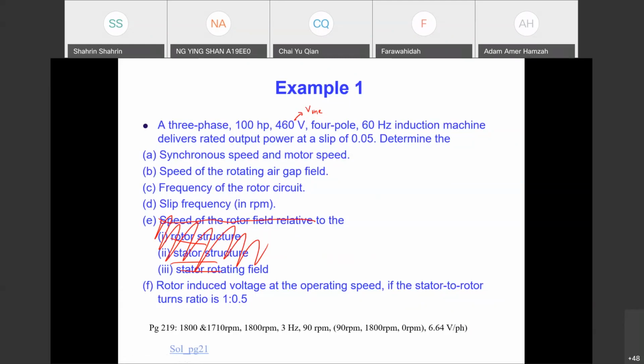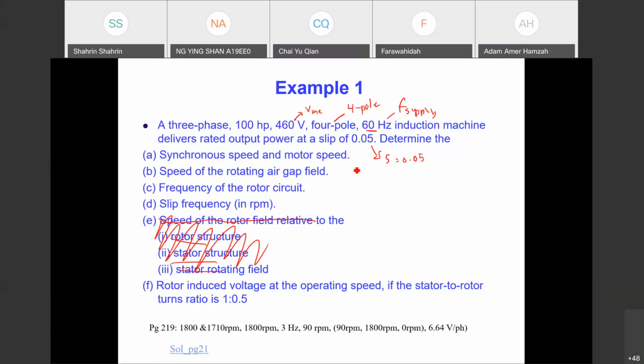If your source is three-phase, usually it is referring to the line voltage. And then the motor has 4 poles. The frequency supply is 60 hertz. It delivers a rated output power at slip equal to 0.05. So determine the synchronous speed and the motor speed.